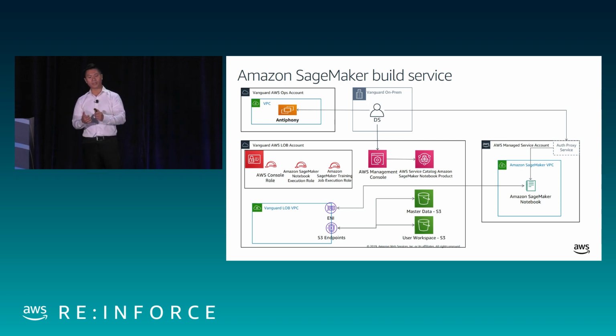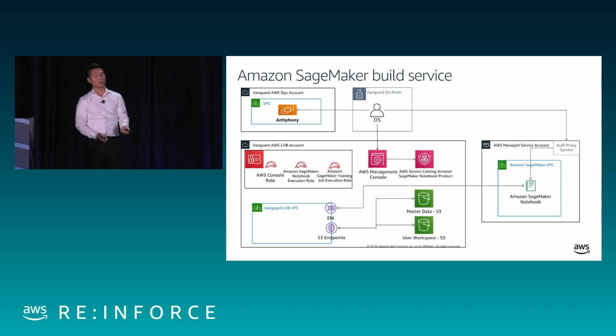What it means is, behind the scenes, SageMaker creates the ENI, and all the communications from the notebook have to go to Vanguard VPCs. For example, on the diagram, if the SageMaker notebook wants to talk to our S3 bucket, it has to go to the ENI and go to our Vanguard VPC S3 endpoint to be able to talk to the S3 bucket.